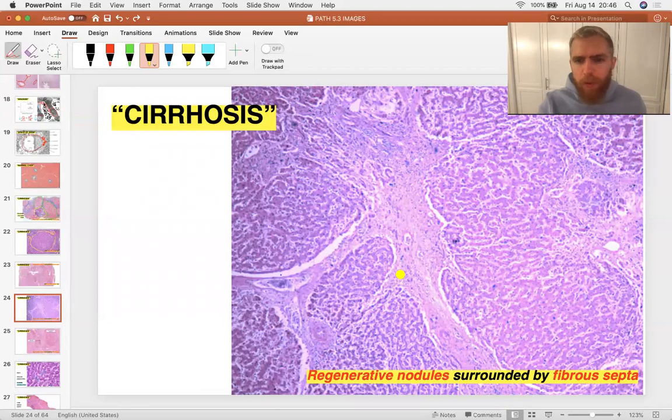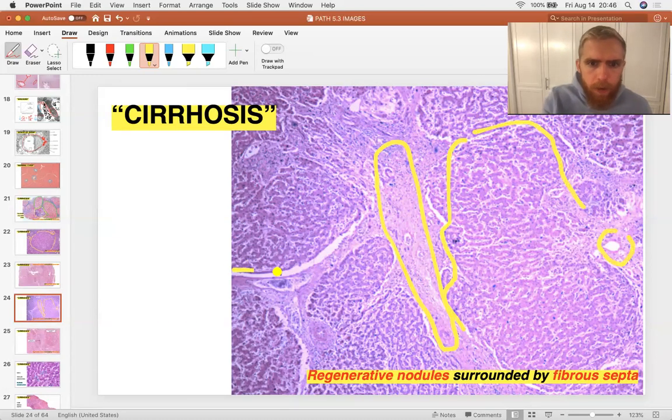Another example with prominent fibrosis, again, all the blood vessels are generally contained within this fibrous area, and then like straight through here, just nothing but hepatocytes until you get to another fibrous central vein over here. Same thing over here.